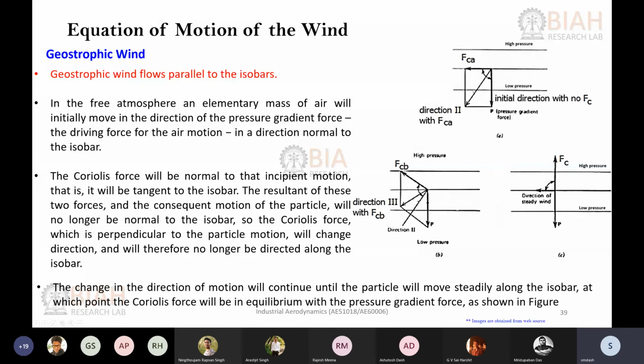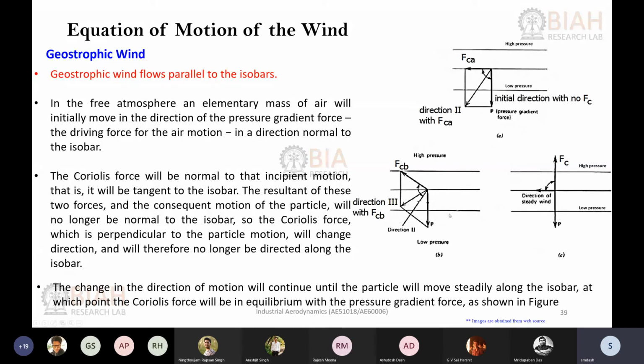Because of that, the angle between your FCB and P is not the same. It is different from the previous case. So the resultant force will be in some other direction. Now the wind starts to flow in direction 3, not direction 2, because the resultant force will be along direction 3.